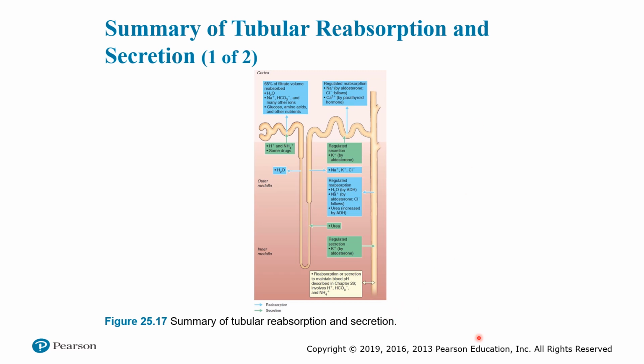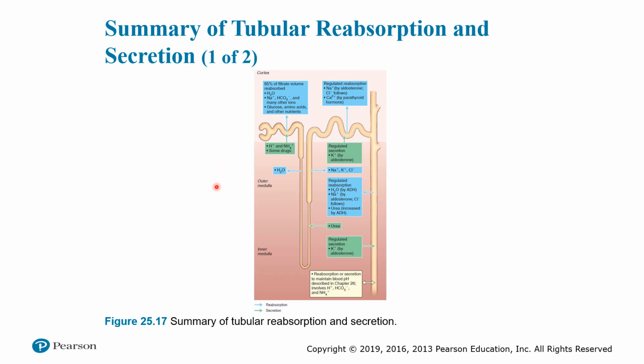Now this figure gives the summary of all the things we discussed. You can go over this, so let's go over this quickly. This is the proximal convoluted tubule. Maximum reabsorption is going to occur here. From here it goes to the loop of Henle.